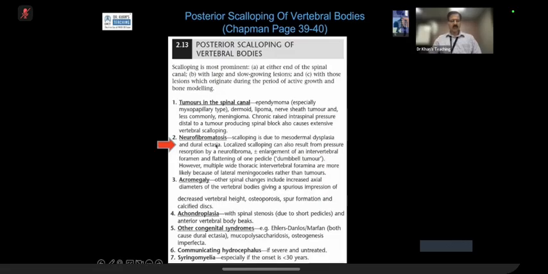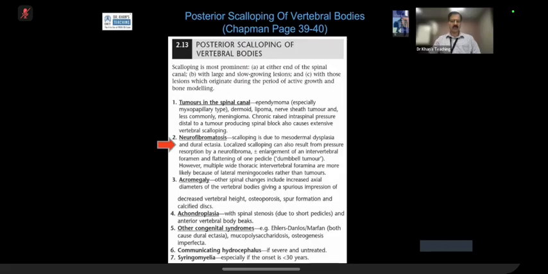Now, please remember that in neurofibromatosis, the dural ectasia can be without associated tumor, or there can be associated tumor. So the same finding, posterior scalloping, can be associated with a tumor or without a tumor. And there are other things like tumor in the spinal canal, which can cause posterior scalloping. Posterior scalloping of the vertebral body is a very important exam case. Remember that, per se.